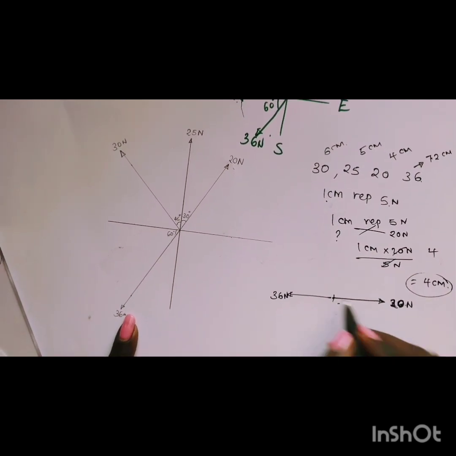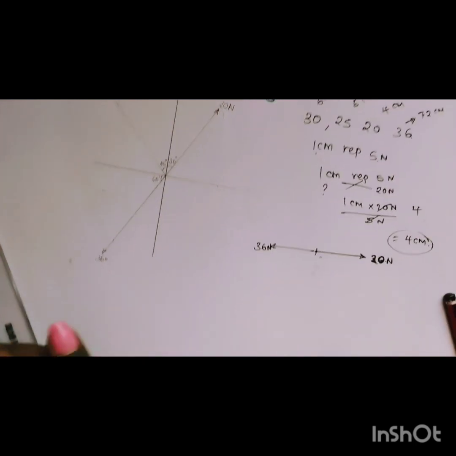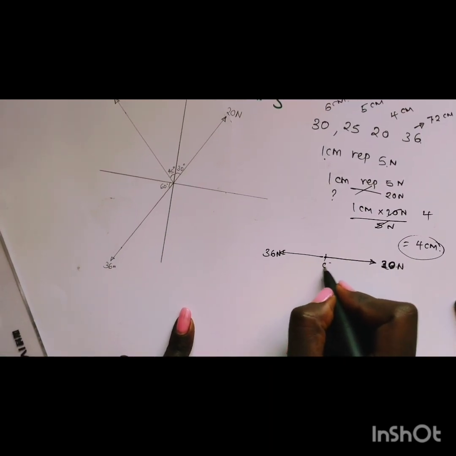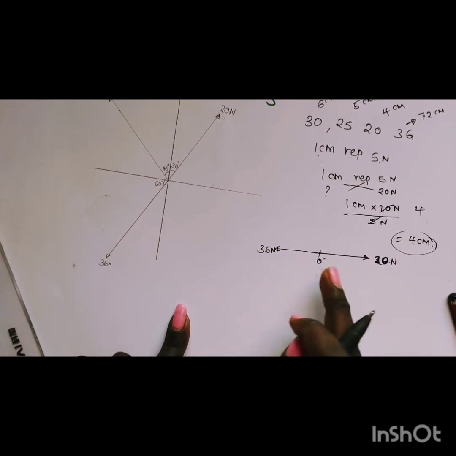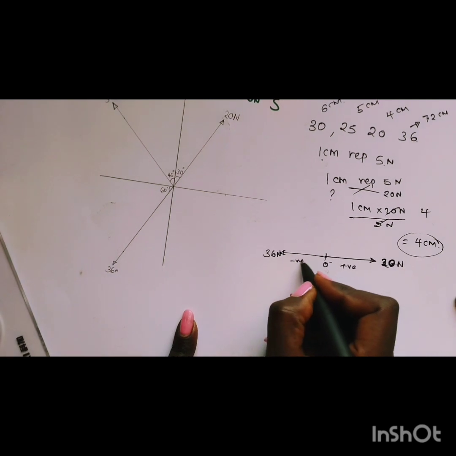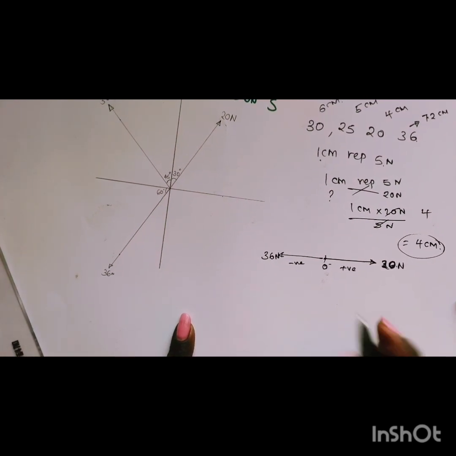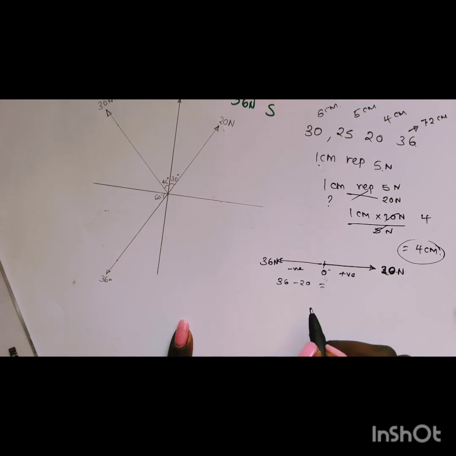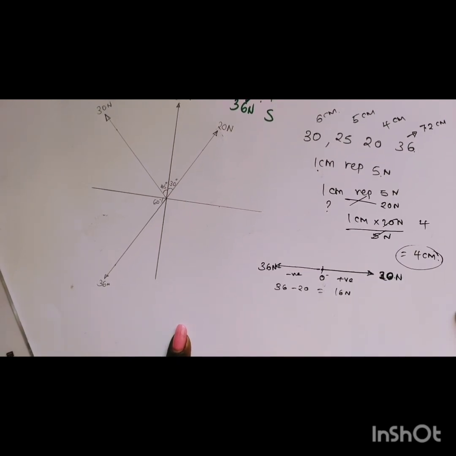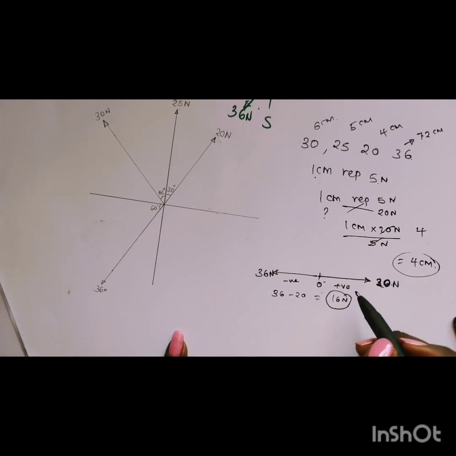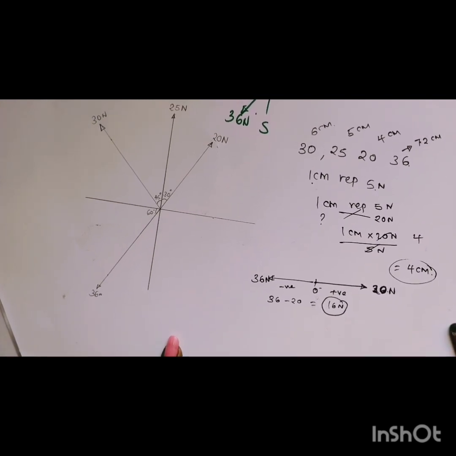So because the two forces are tending to stretch apart, we'll have to subtract them. If we are assuming this is our 0, this is the positive side, and this is the negative side, now this would be 36 minus 20 to give us 16 newtons. That tells us our 16 newtons will act on the side of 60.